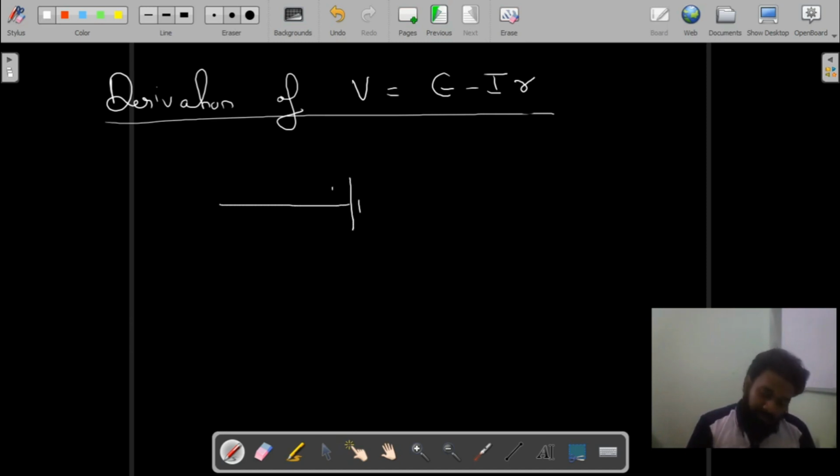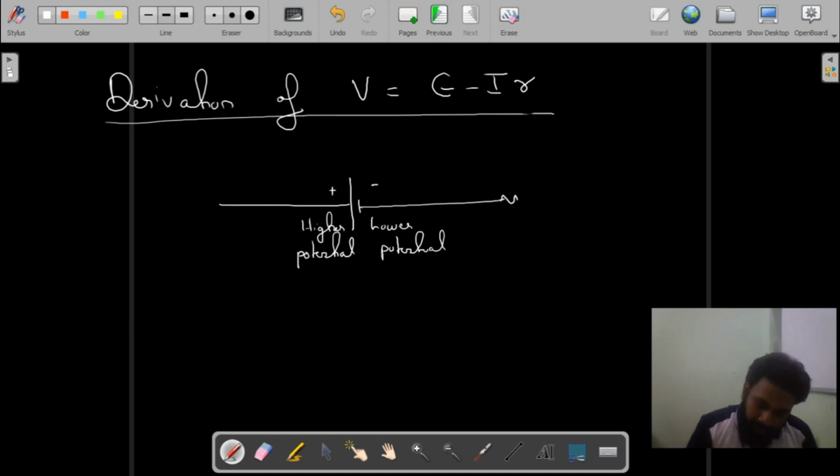This is plus, this is minus. This is the higher potential, and this side is the lower potential. So near the lower potential we will mark our internal resistance r also.